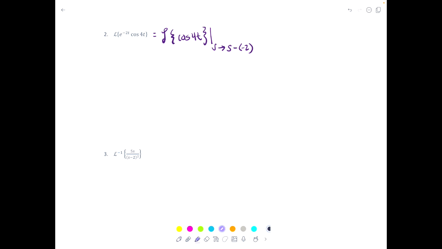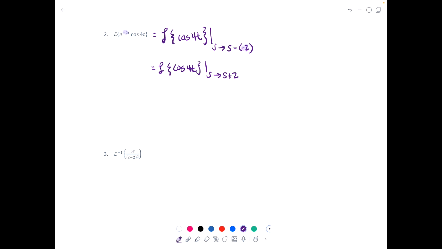And again, that's from the coefficient of the t in the exponential. So we'll get our Laplace transform of cosine of 4t as s approaches s plus 2.